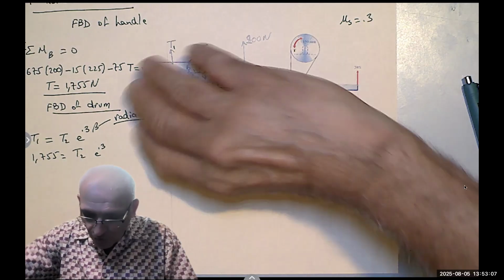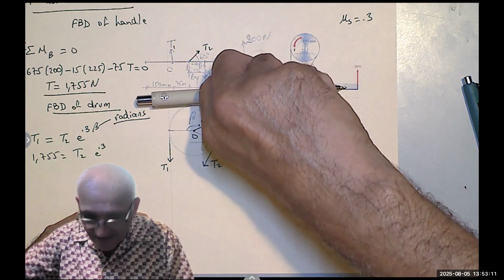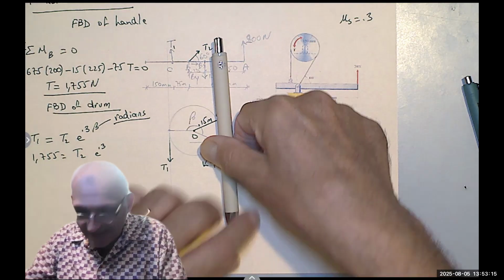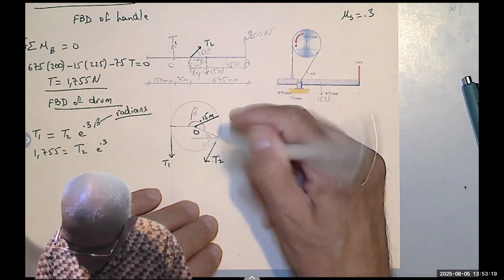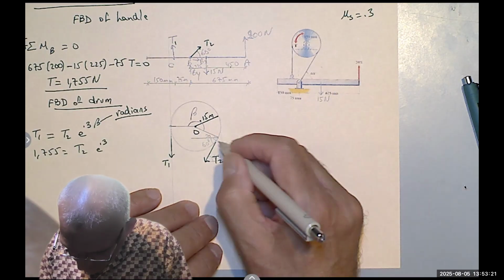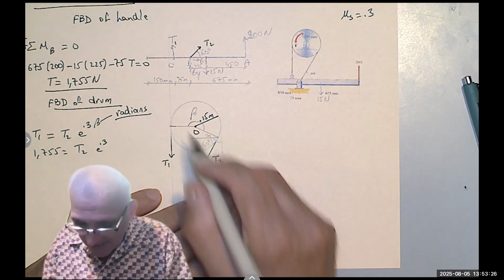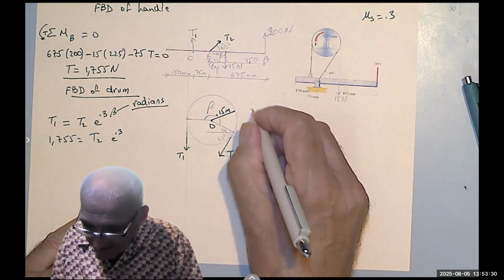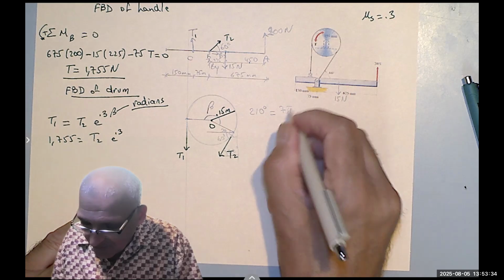And then I'm going to rotate it about the drum. If I rotate it like that, it's 90 degrees. If I rotate it like that, it became 180 degrees. And then I'm going to rotate it through this angle. So if this is 60, that would be 30. And this whole angle would be 210 degrees, which is 7 pi over 6.